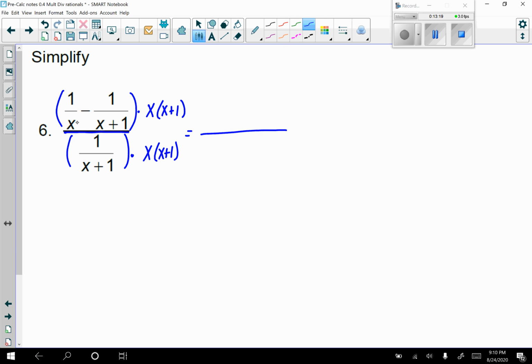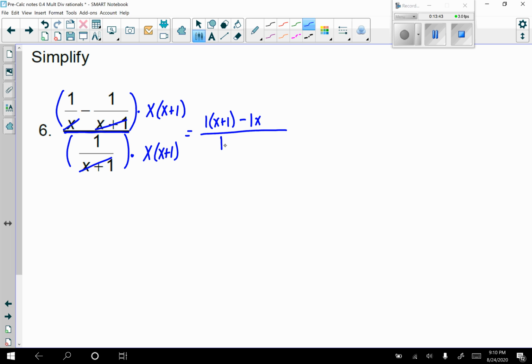All right, first fraction, the x part cancels. We're left with 1, and we have to multiply by the x plus 1. Minus, second fraction, minus 1. x plus 1 cancels, and we're left with x. So we have 1 times x plus 1 minus 1x. On the bottom, the x plus 1 cancels.